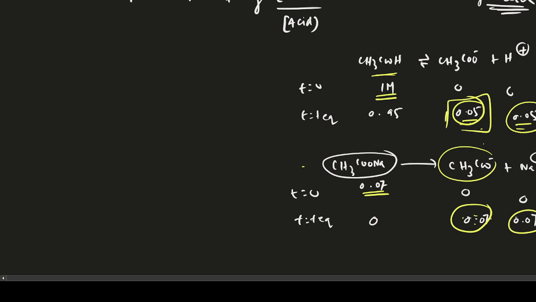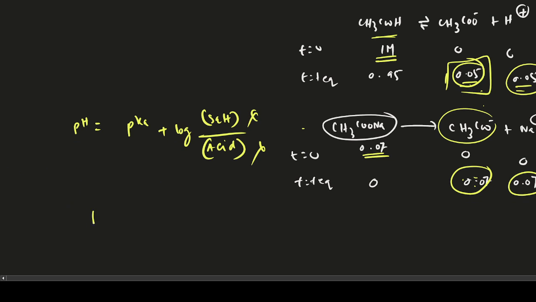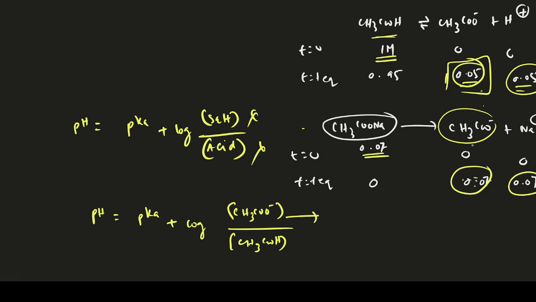So whenever you write the pH for this, pK plus log, we will not write salt over acid, because that is not valid here. Here we have to write pH equal to pK plus log of CH3COO minus, not salt, over CH3COOH. This CH3COO minus value comes from both sources.